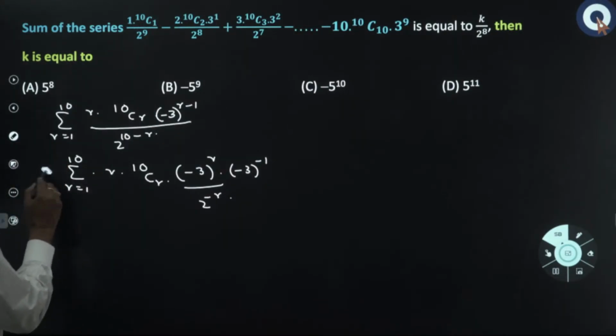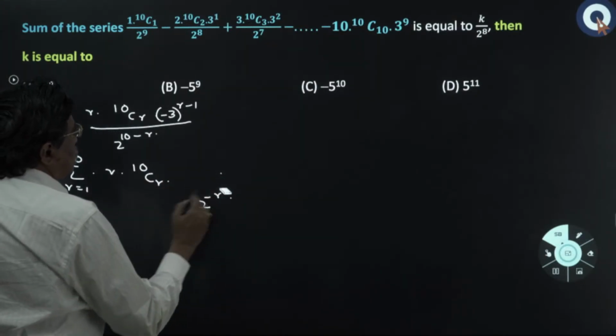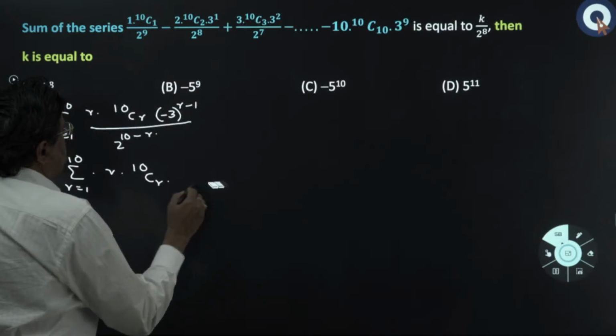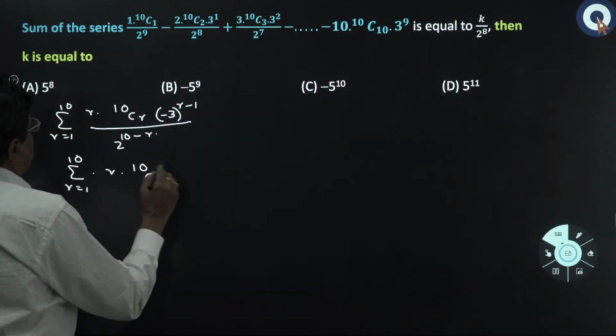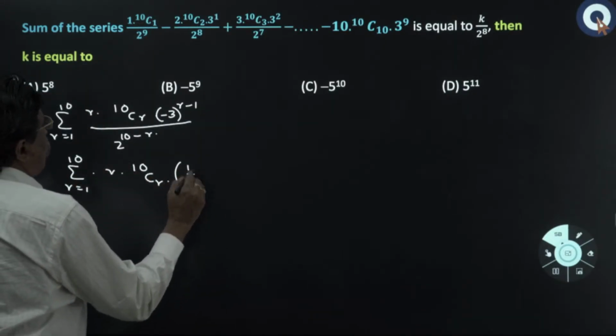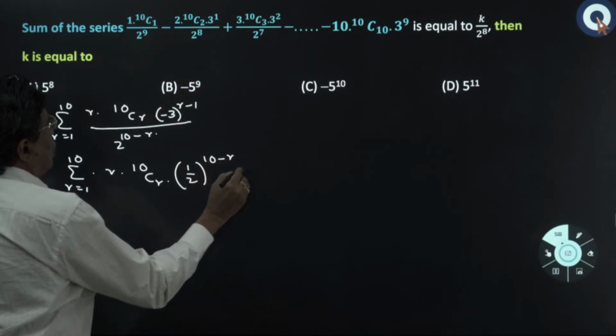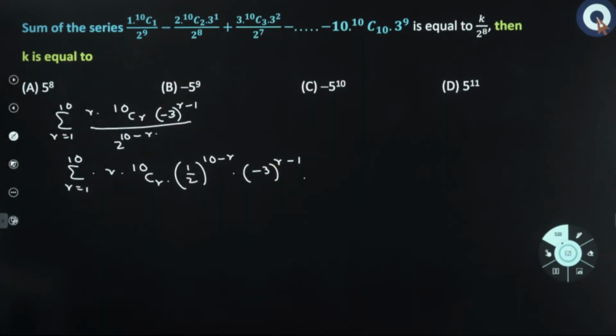Instead of bringing this out, we can as well keep this. This is r into 10Cr, we have 1 by 2 whole power 10 minus r, minus 3 whole to the power of r minus 1. This is what we have.